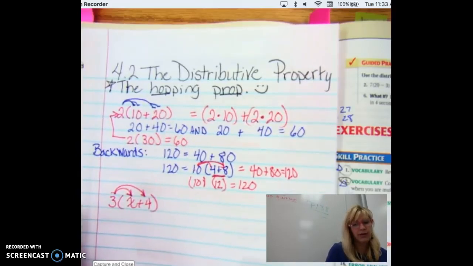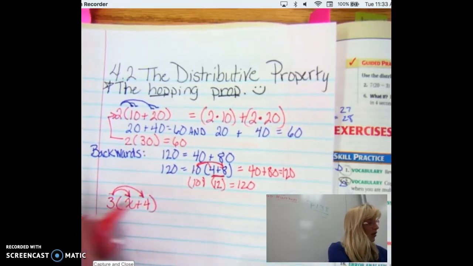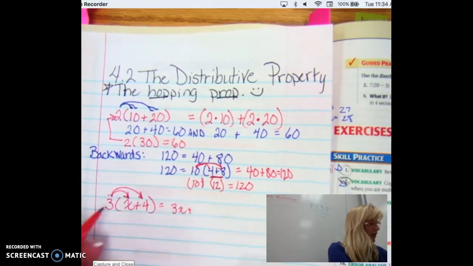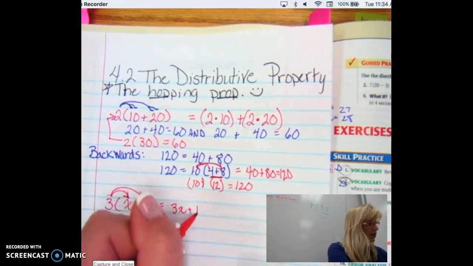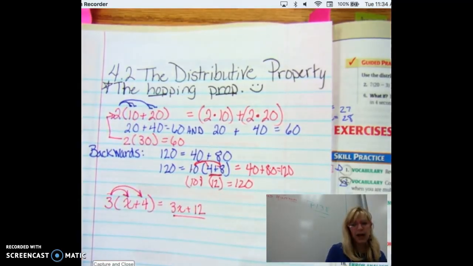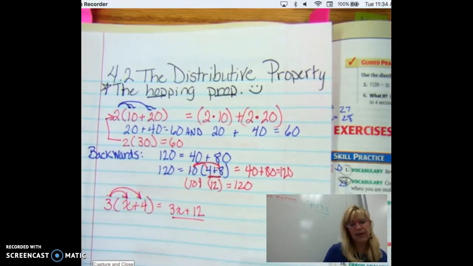We don't know if it's a 2 or 100 or a billion. So this would be equal to 3x plus whatever 3 times 4 is, which is 12. That's how you figure out what to do if you have a variable in there.